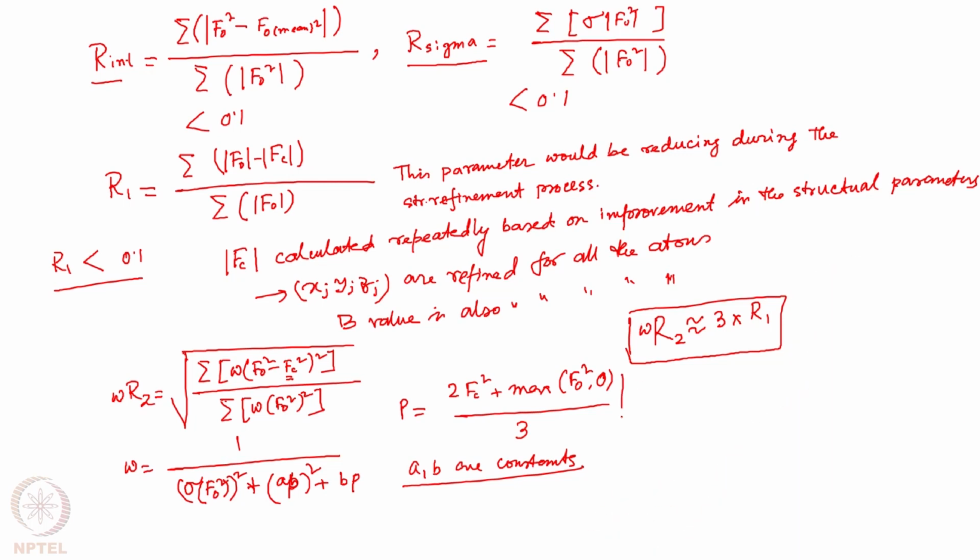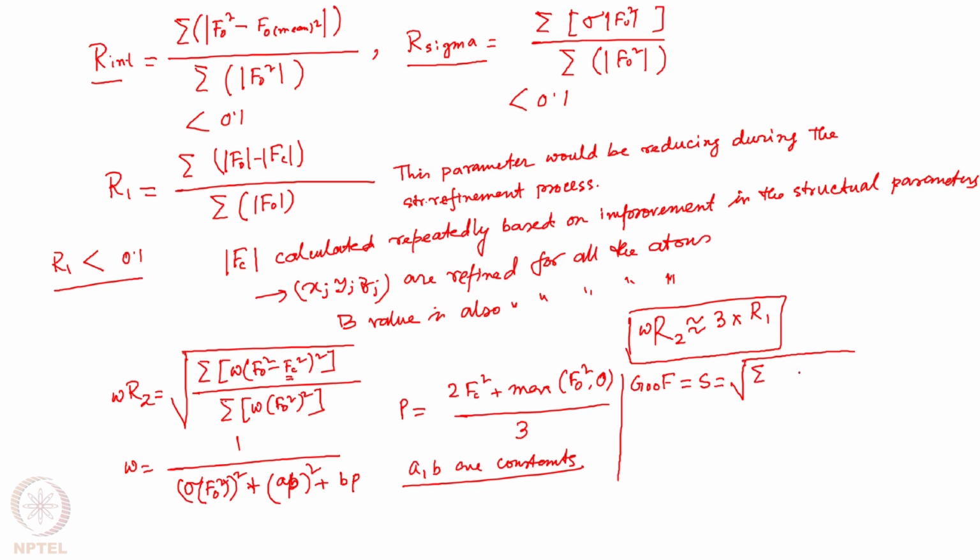The other parameter which we also look at is called the goodness of fit, generally written as GOOF, also represented as S, which is another quantity which has an ideal value of 1.